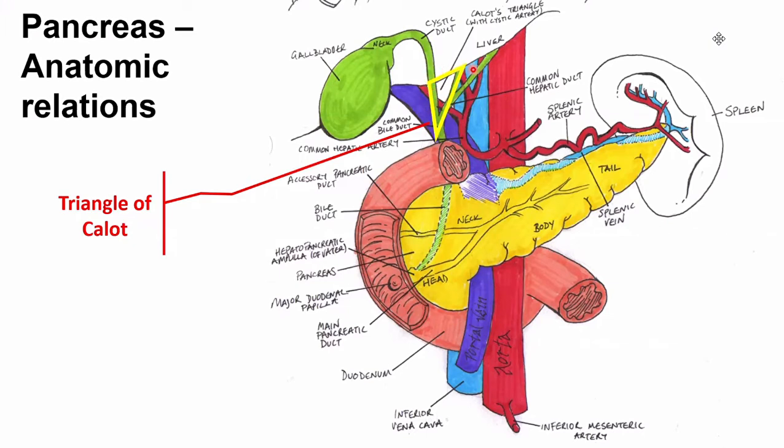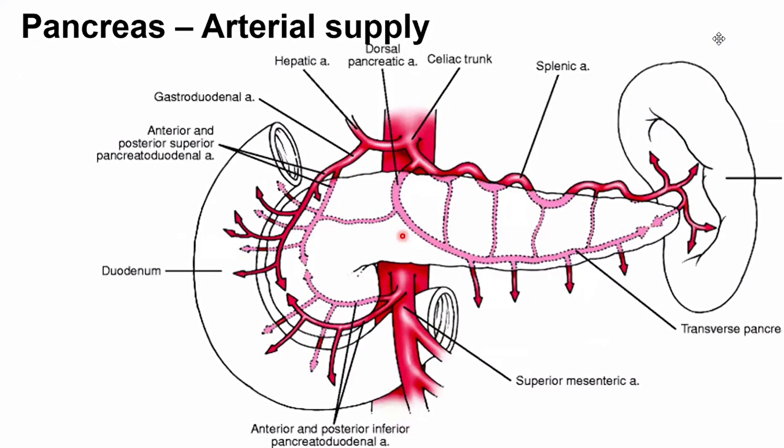So blood supply of pancreas. Again, this is the celiac trunk or celiac artery. It gives off the splenic artery, and there is also the left gastric artery here and the common hepatic artery. So remember, by the way, the pancreas has a very, very rich blood supply.